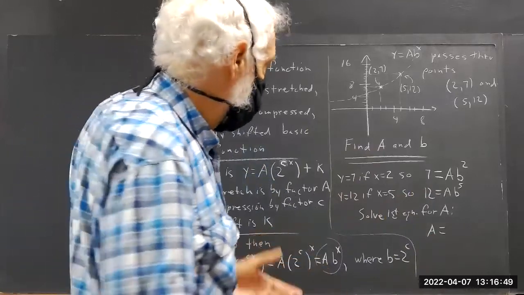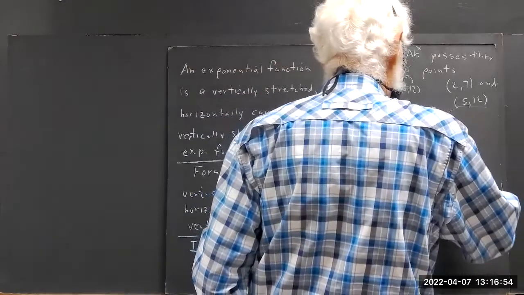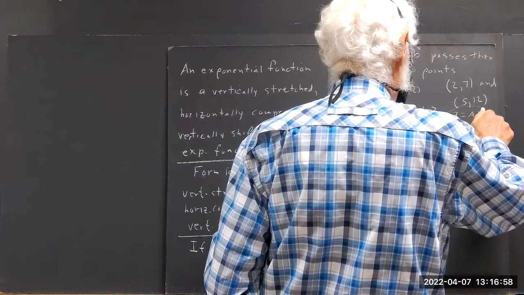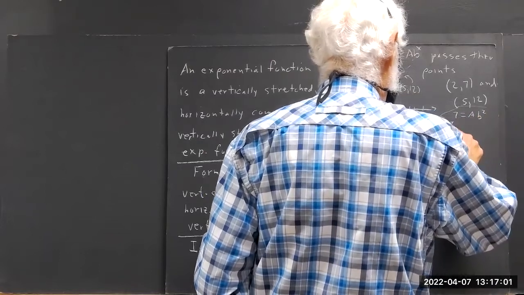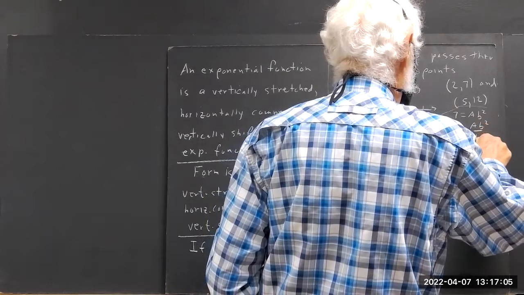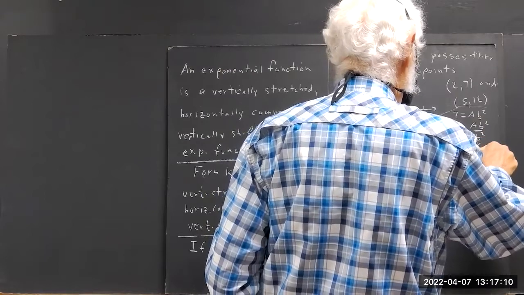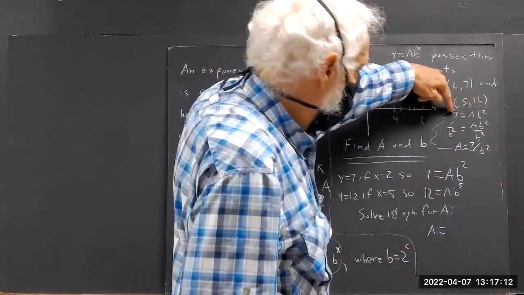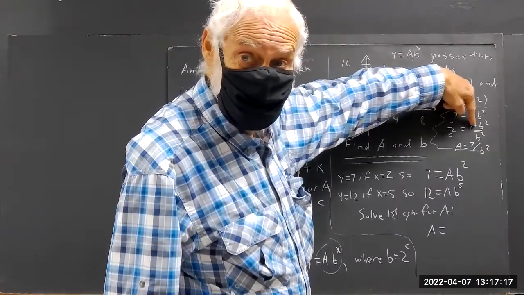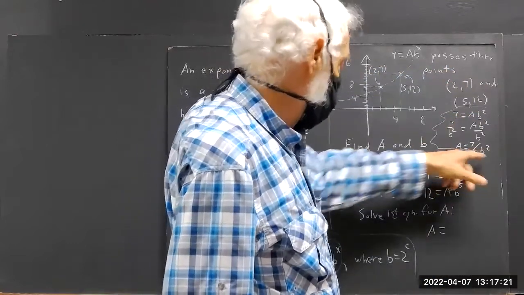So I'll just jot that one down up here. If you divide both sides by b squared, you get a, and that's pretty much one step that you make two out of.